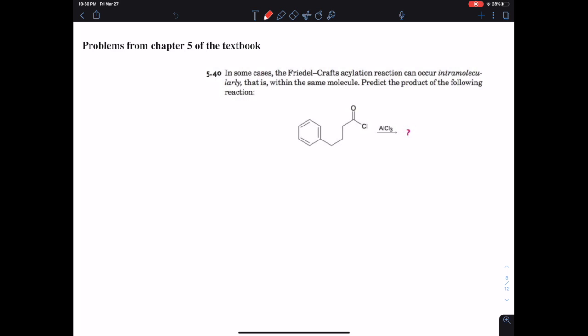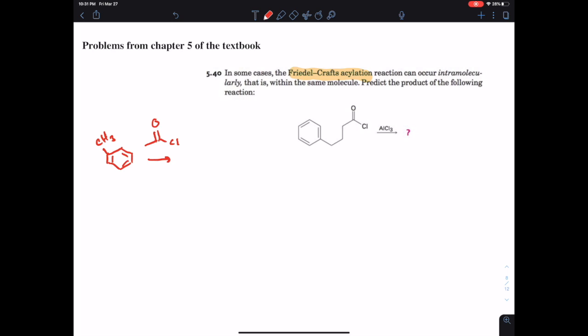Here's another problem from chapter 5, and here we're looking at Friedel-Crafts acylation, and this is an intramolecular type example. So take a simpler example for comparison. Let's say we had something like this, a benzene ring, and let's say there's a methyl group here.